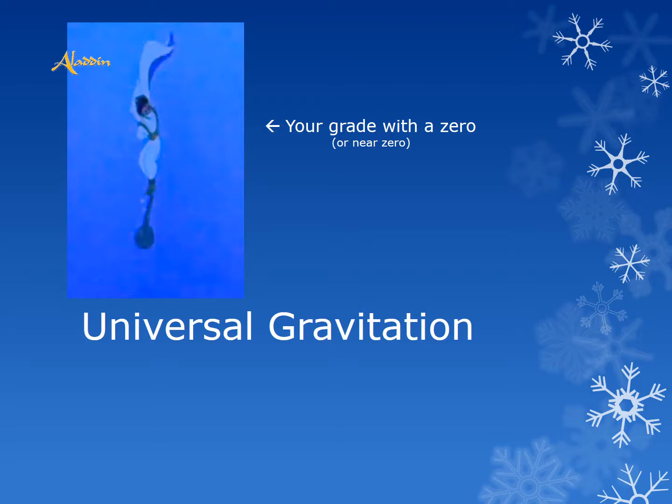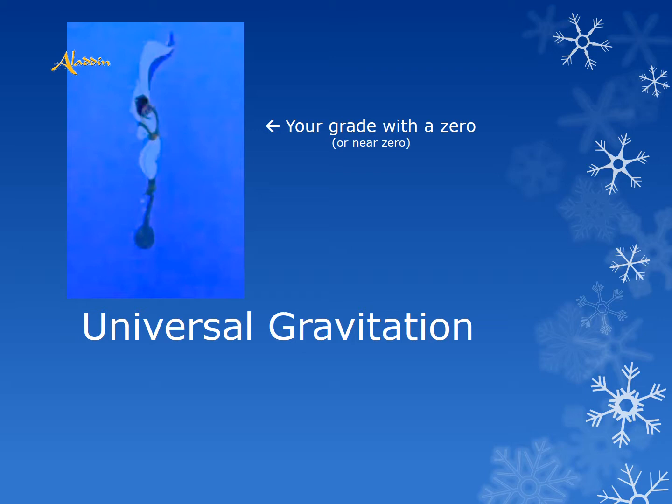Alright, so this video shouldn't be very long. We're just talking about universal gravitation and planetary motion. So pretty much what we're talking about is how gravity affects things that are either very large or very distant from each other.